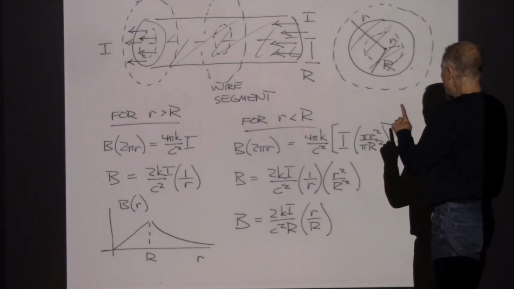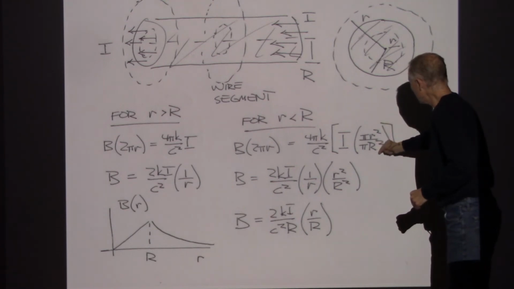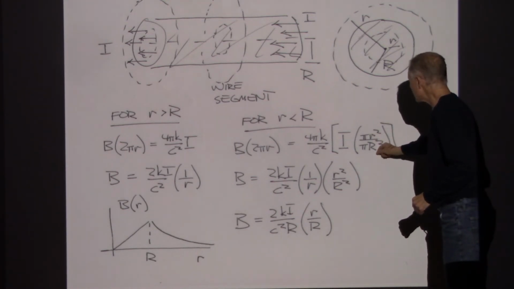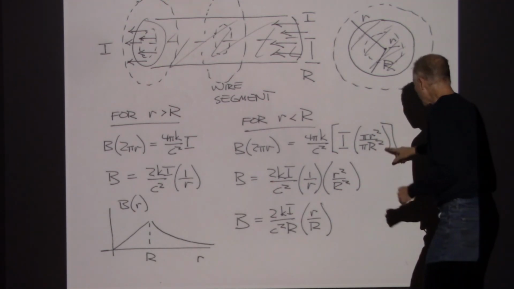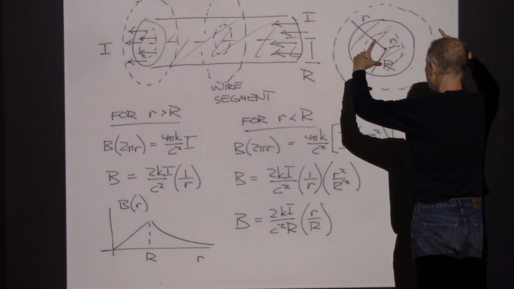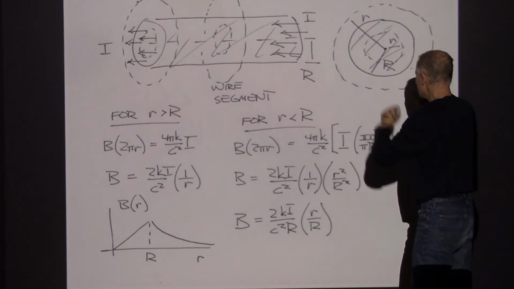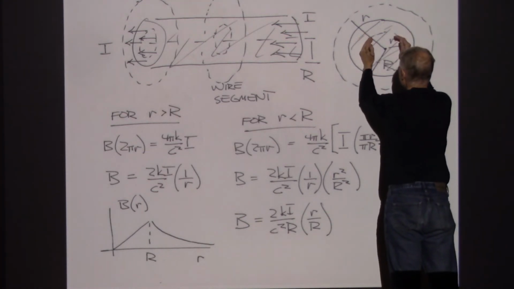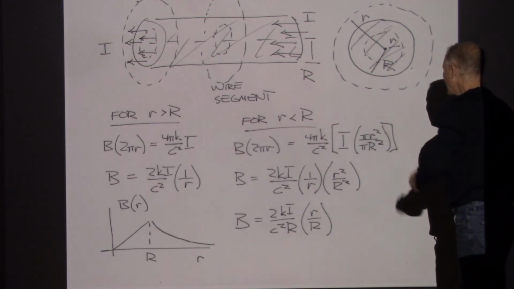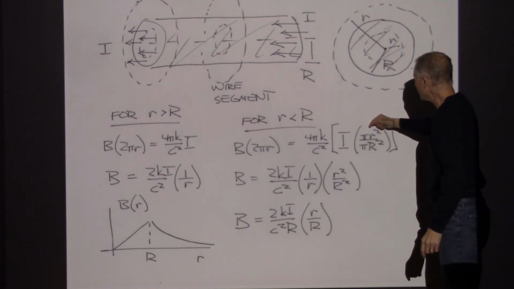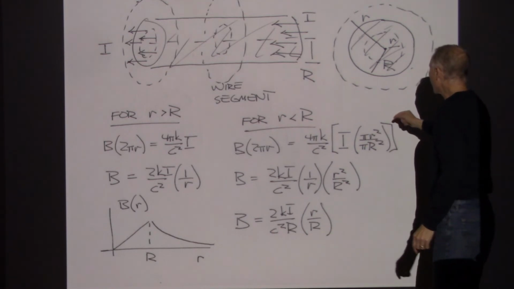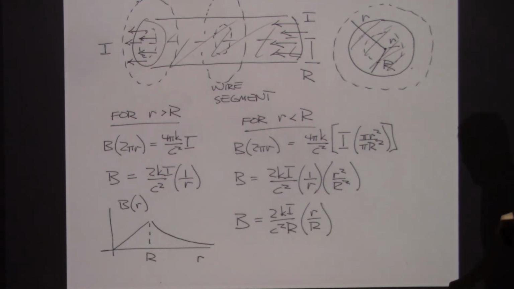If I think of that as a ratio of cross-sectional areas, pi R squared would be the total cross-sectional area of that wire. That's a circular cross-section. If I'm looking at the magnetic field in here, Ampere's law is telling me only to include the portion of the current that's passing through pi little r squared.